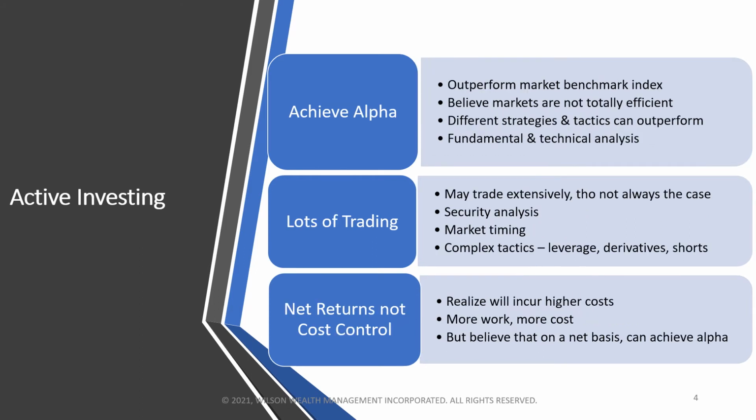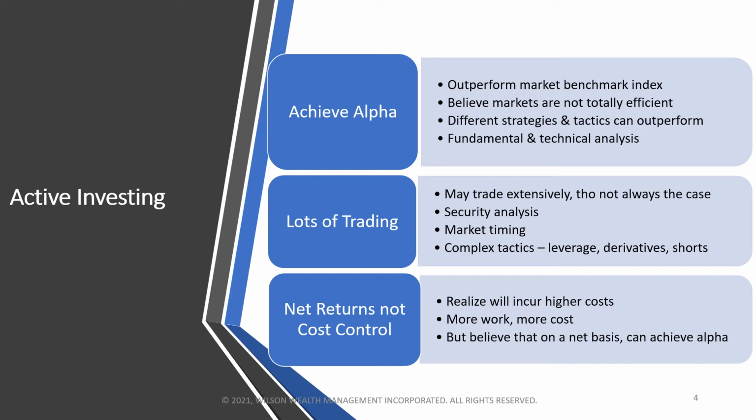If we turn to active investors, they're almost the complete opposite of passive. They want to achieve alpha, and I've mentioned alpha a few times in previous sessions. They want to outperform their market benchmark index.